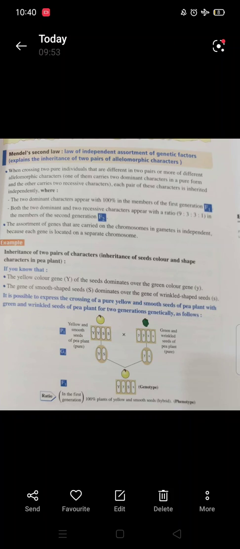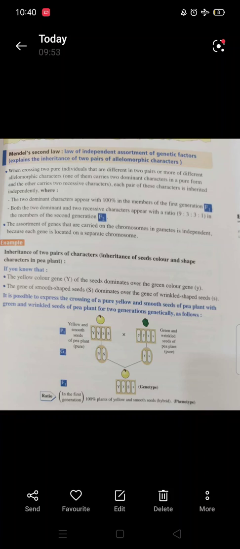If we have another example, according to Mendel's second law, the transfer of two pairs of characters, the seed color and the shape character in the pea plant.